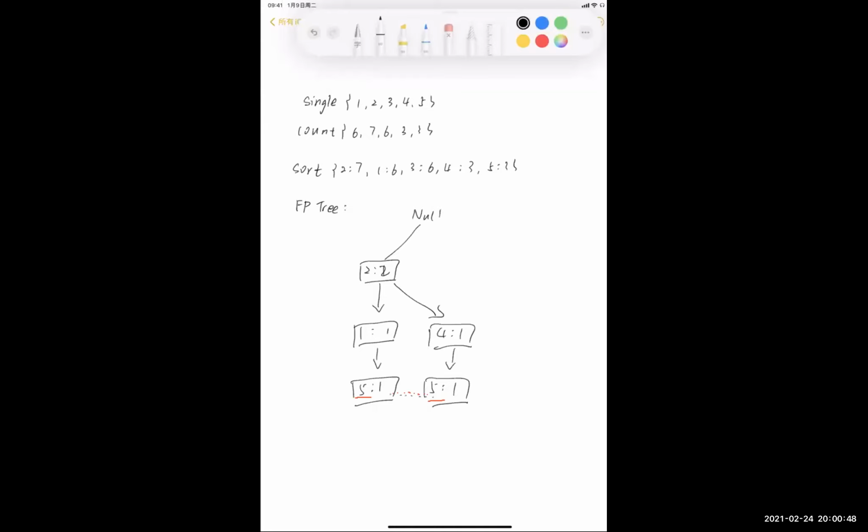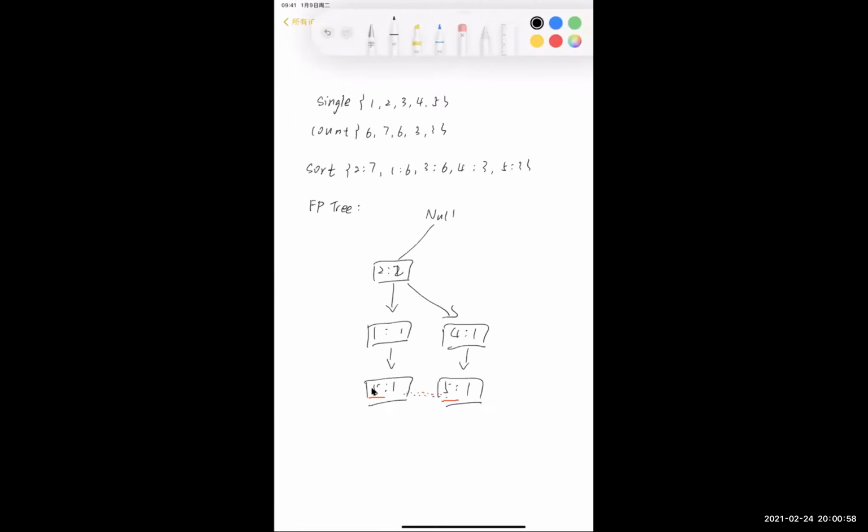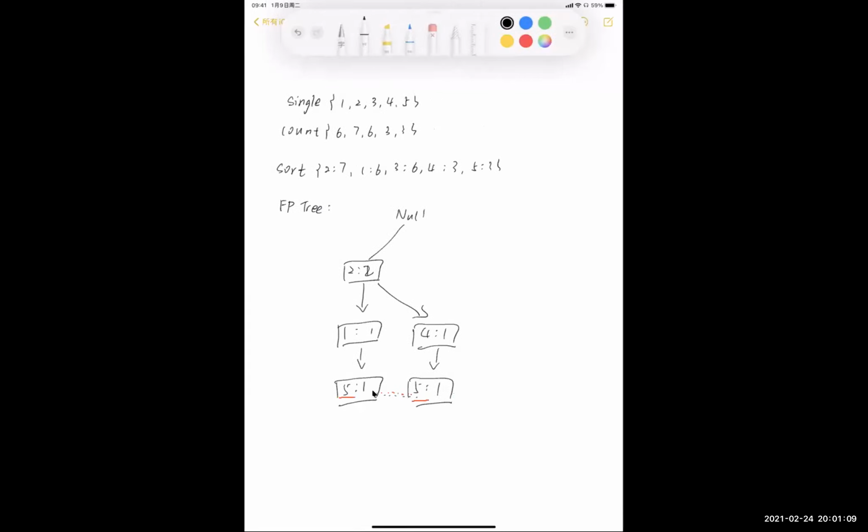I think it's for later processing, when we need to generate the conditional pattern. Yes, great. We need to follow this link to have all of the same value, same item. Yes, great. You can continue, please.